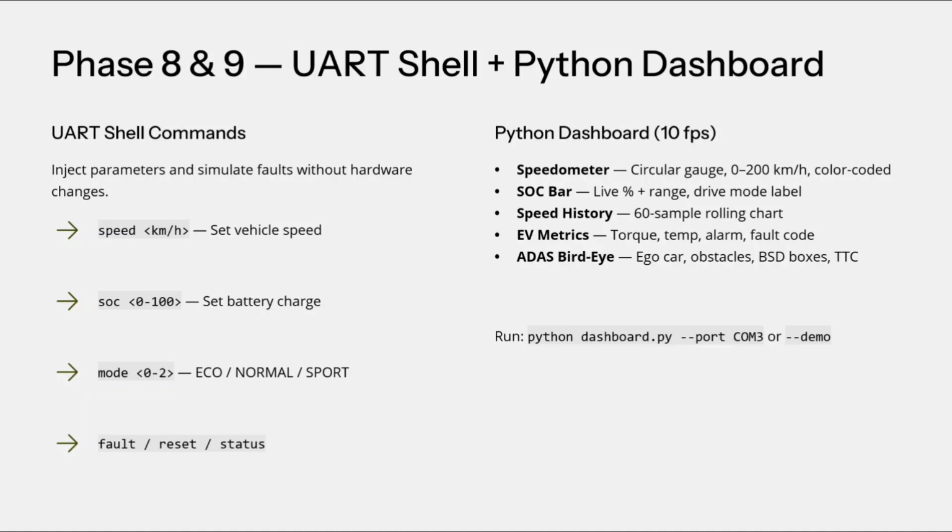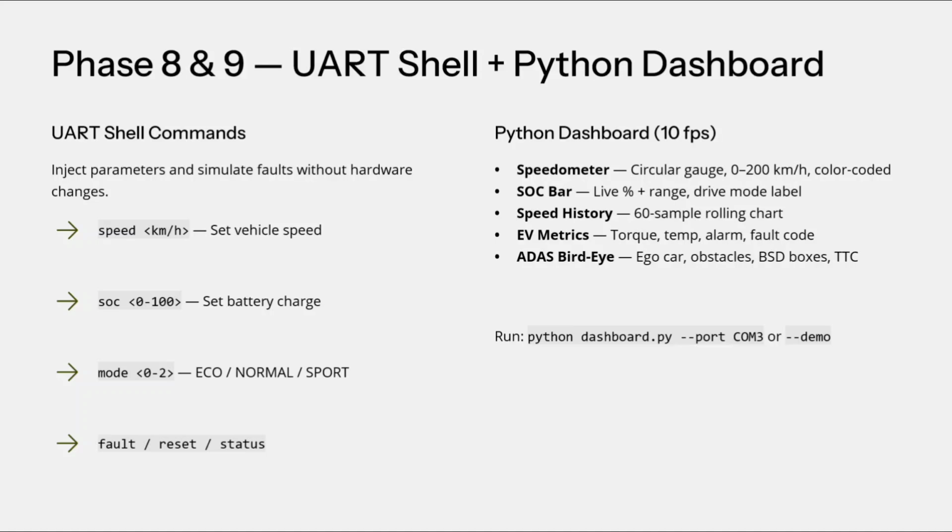And then we have UART shell plus Python dashboard. Here we have set the speed, which we considered in kilometers per hour, set vehicle speed, and SOC we have a range of 0 to 100, and speed also its maximum is 120 and minimum we know is 0. And then modes are eco, normal, sport, and we have fault reset status and all.